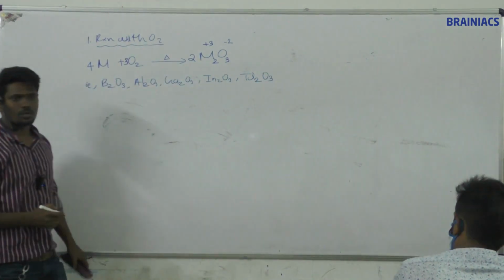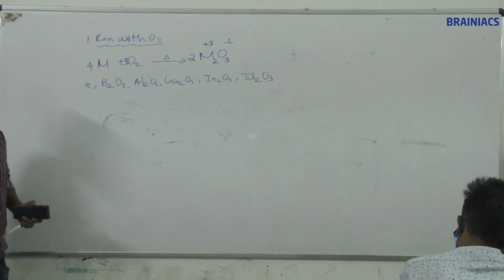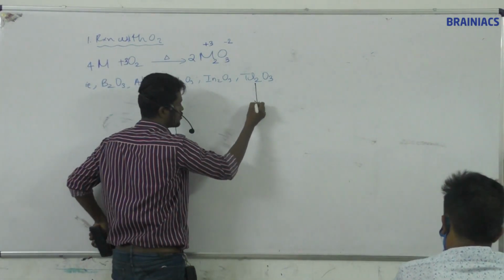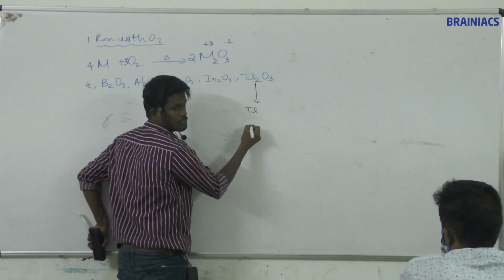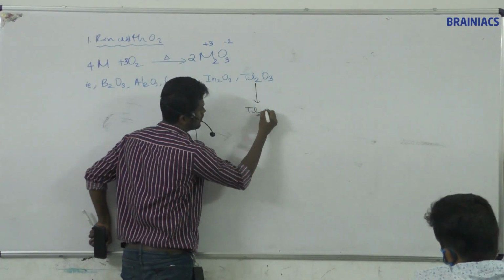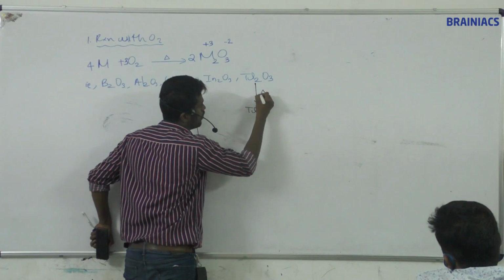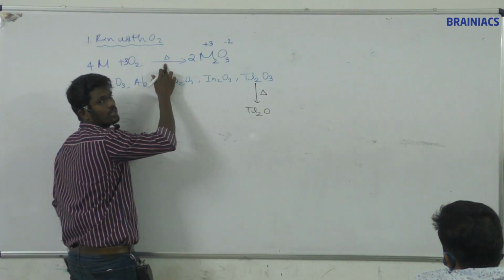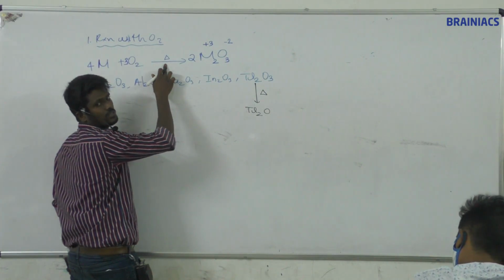So thallium is not stable in which oxidation state? +3 oxidation state. So it has to come into the +1 oxidation state. Tl2O3 forms at high temperature, so the electrons get excited and show a +3 oxidation state.